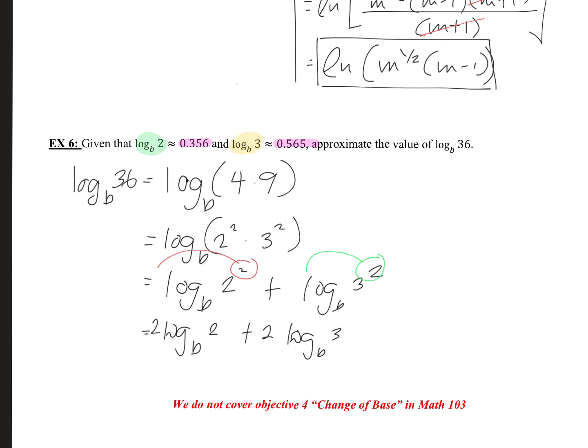Now at this point, I have the log base b of 2. I finally have it in my problem. Look, that's what we were given. And then I finally have the log base b of 3 in the problem. So I'll go ahead and swap those out with the values that we were given. For log base b of 2, I was given 0.356, and that's being multiplied by 2.